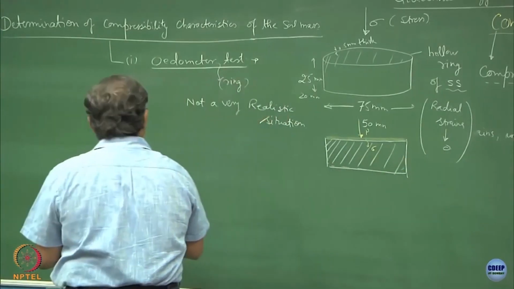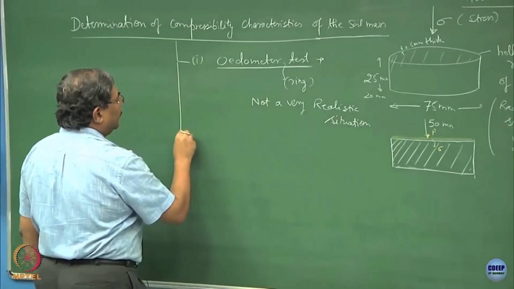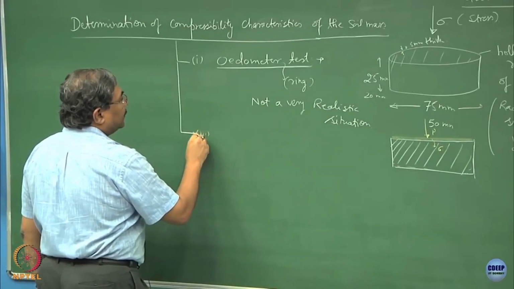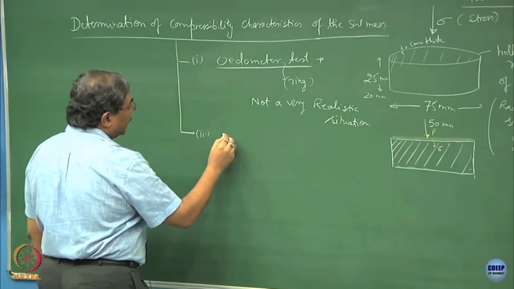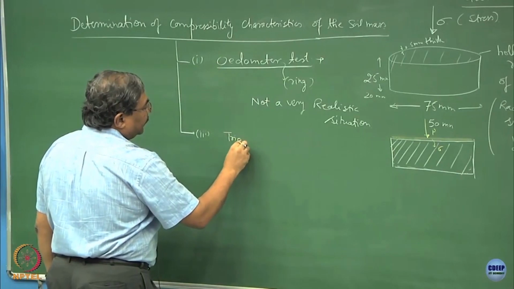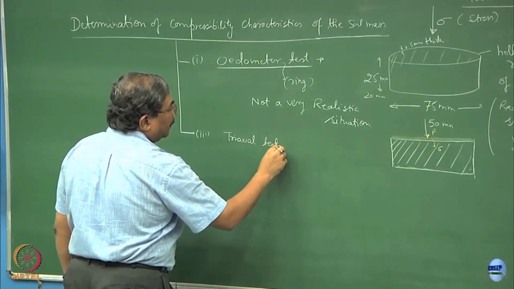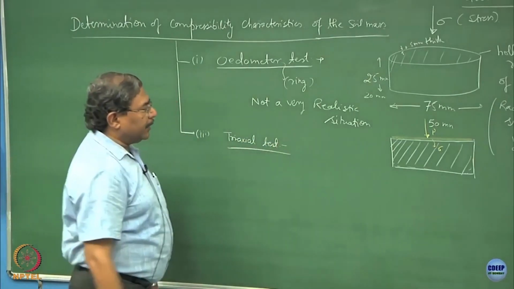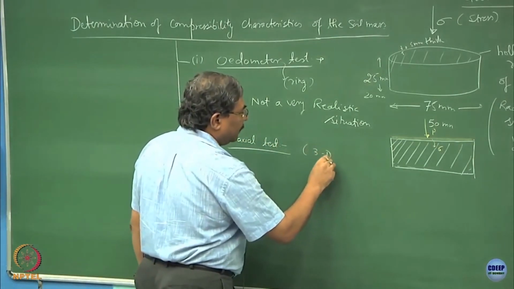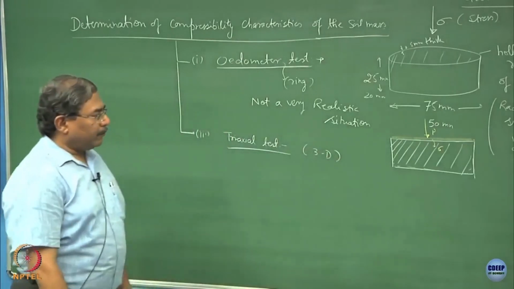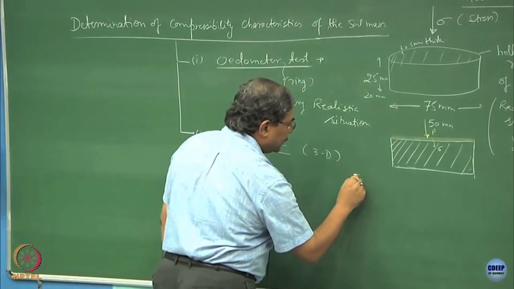So, in order to create a realistic situation, what we can do is we can obtain the compressibility characteristics by doing a triaxial testing. This is 3-dimensional in nature. What we do is we take a cylindrical sample.